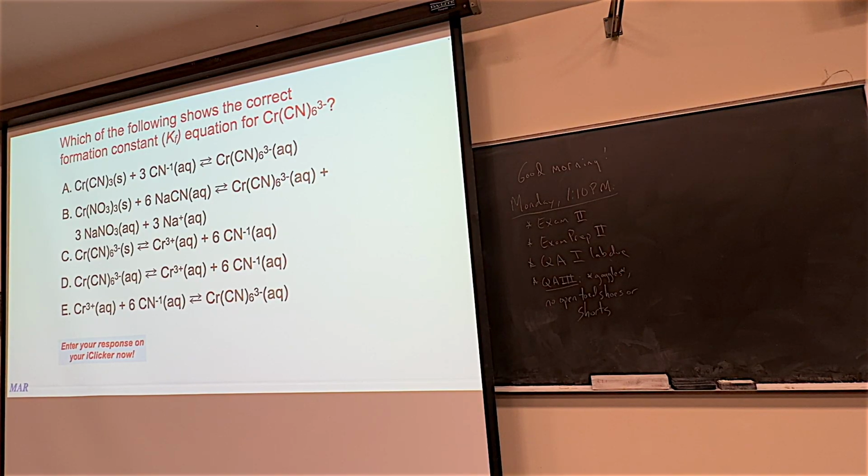So one of these reactions up here shows the formation constant for this species right here, Cr(CN)6 with a -3 charge. See if you can remember which of those would be the correct expression for a KF, which would be the right equation for a KF. So think about this a little bit, we'll talk about it here.